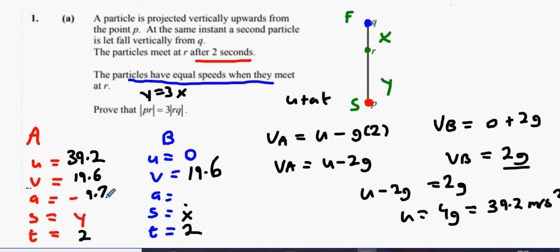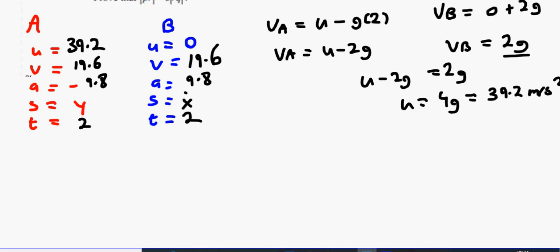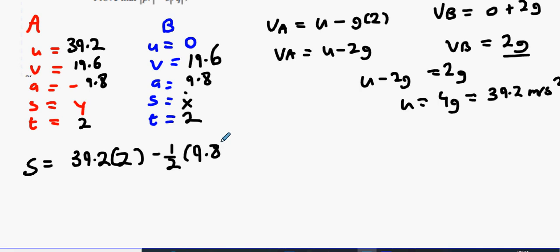I think we're at the stage where we're going to find the S values now. Your choice, s equals ut plus half at squared, or v squared equals u squared plus 2as, whichever one you want. I generally use s equals ut plus half at squared, so it's going to be 39.2 times 2 minus a half 9.8 times 2 squared. What do you get for the distance traveled by A, or the y value? Anybody got it?